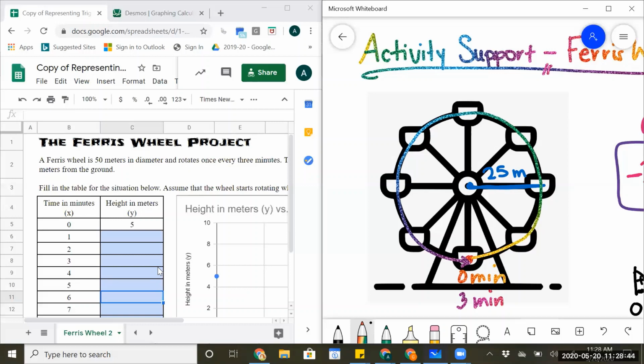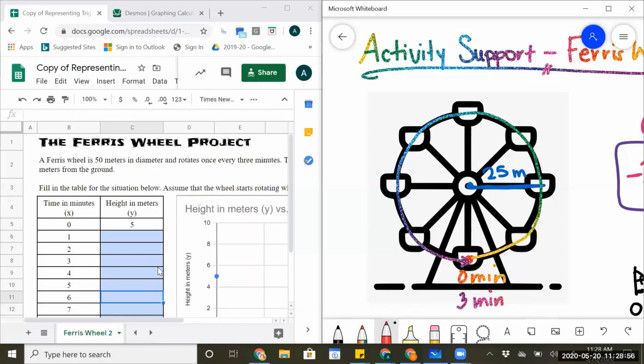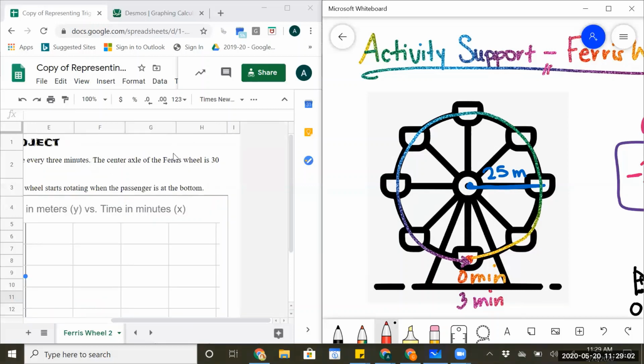Of course, the radius is smaller, so you're not traveling as much, but still. 3 minutes. So, let's keep diagramming before we start making any inferences. We just want to get data right now, get information. So we've got the radius, we've got the every 3 minutes, and the last bit of information that we were given is that the axle here is 30 meters off of the ground.